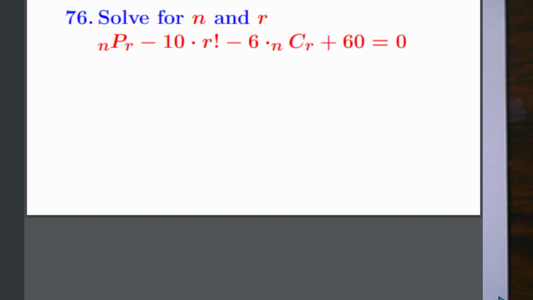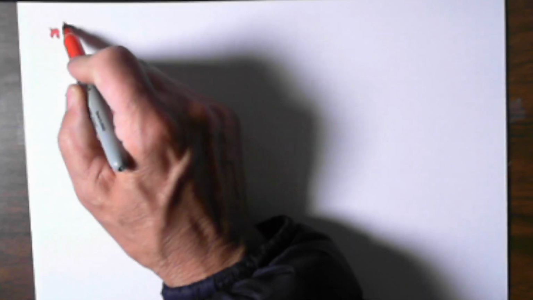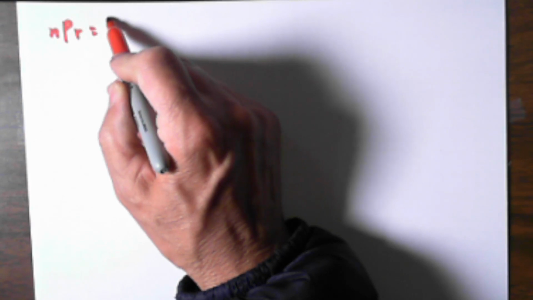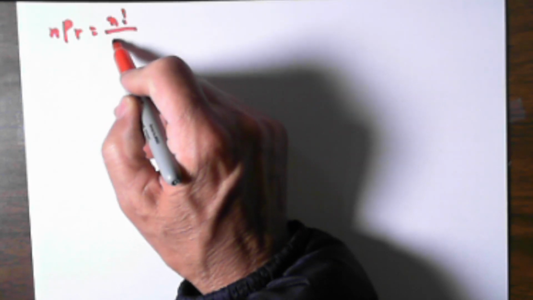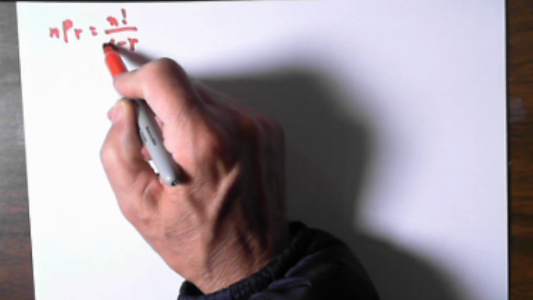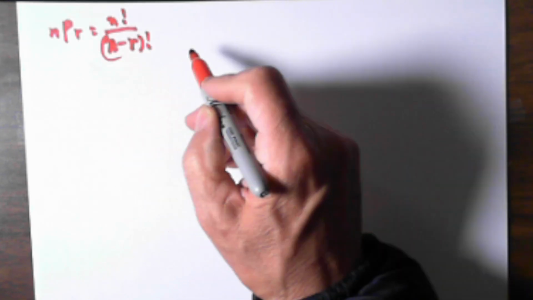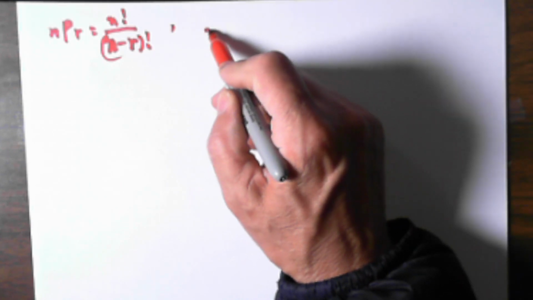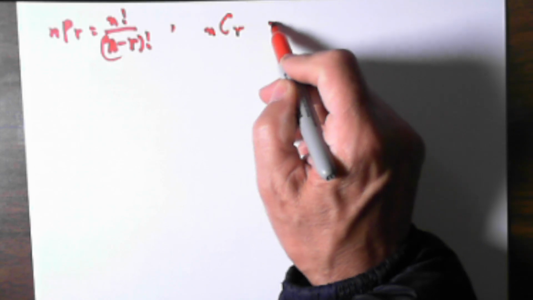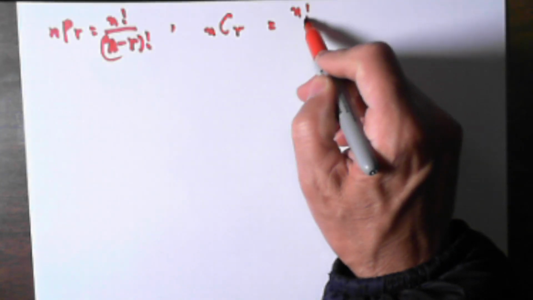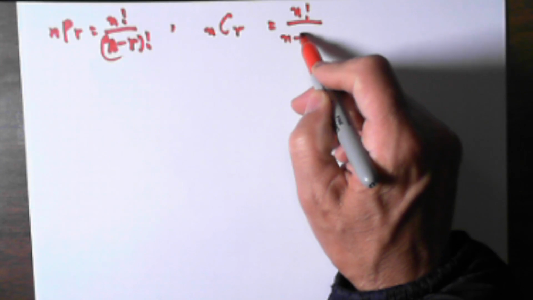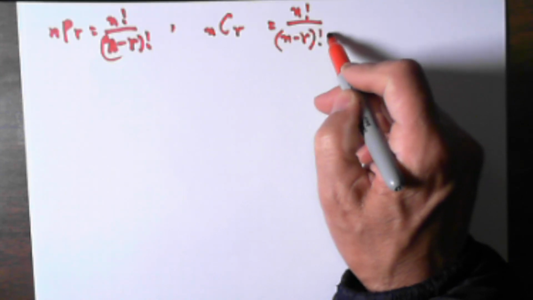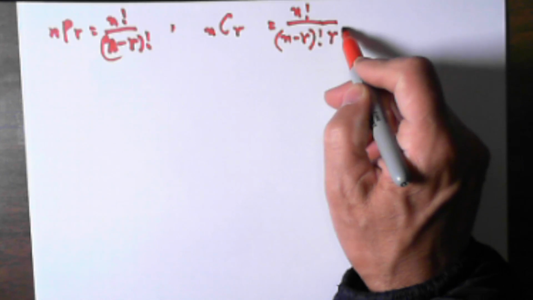So nPr equals n factorial divided by n minus r factorial, and nCr equals n factorial divided by n minus r factorial divided by r factorial.